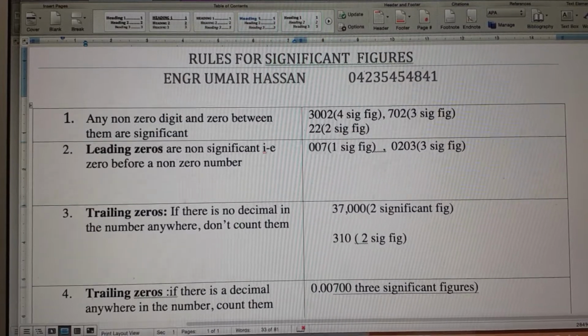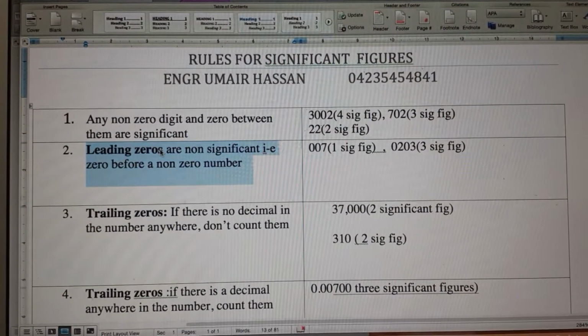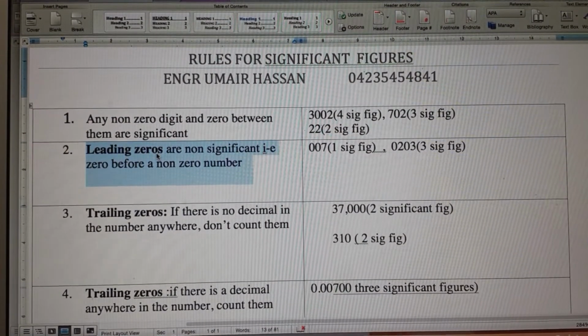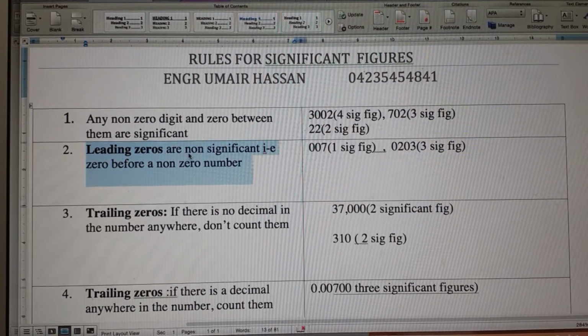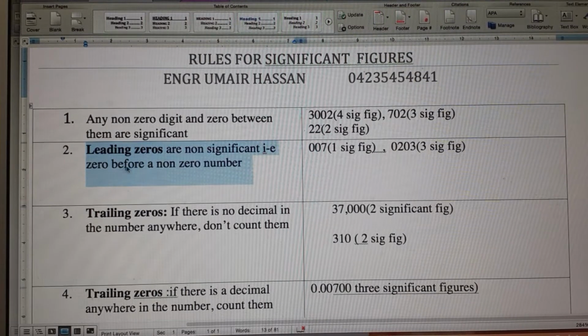Now coming to rule number two, which is about leading zeros. Leading zeros are non-significant. What are leading zeros? Zeros before a non-zero number.